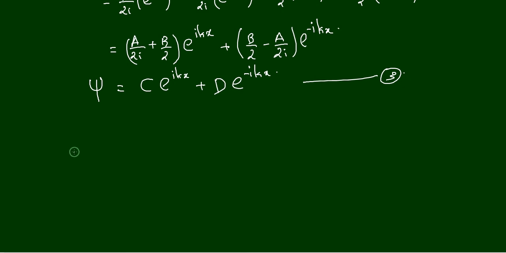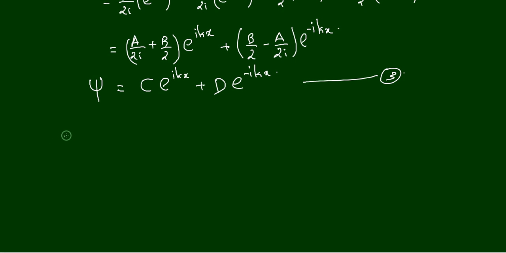Why am I calculating linear momentum? Because once I know the linear momentum, I can get the wavelength from the de Broglie relation, lambda is equal to h divided by p, Planck's constant divided by momentum. That is why I am going for momentum.